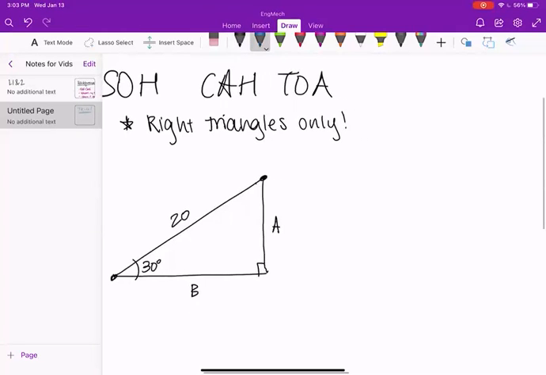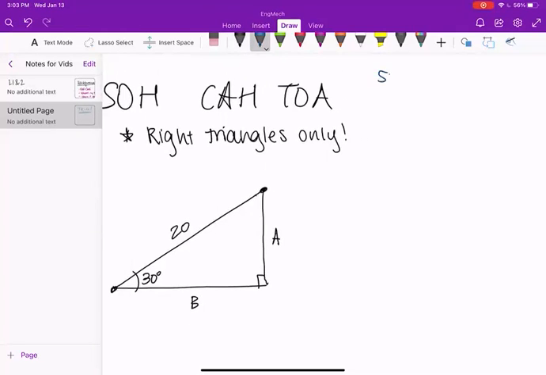To review quickly first, the SOH part means that the sine function refers to the opposite side over the hypotenuse. The middle part, the CAH, means that the cosine function refers to the adjacent side over the hypotenuse.